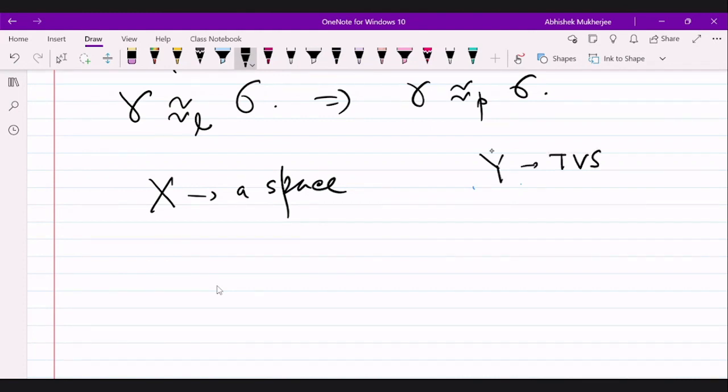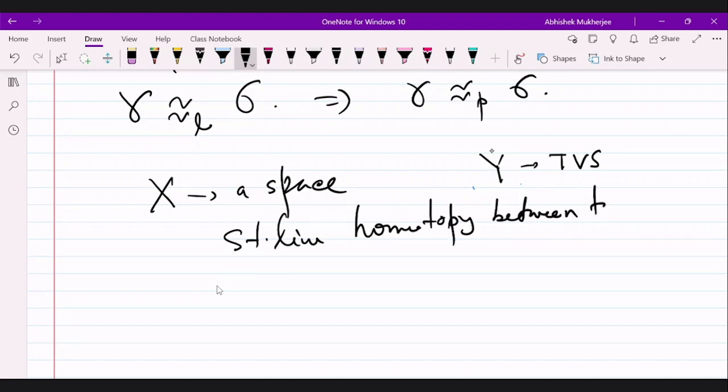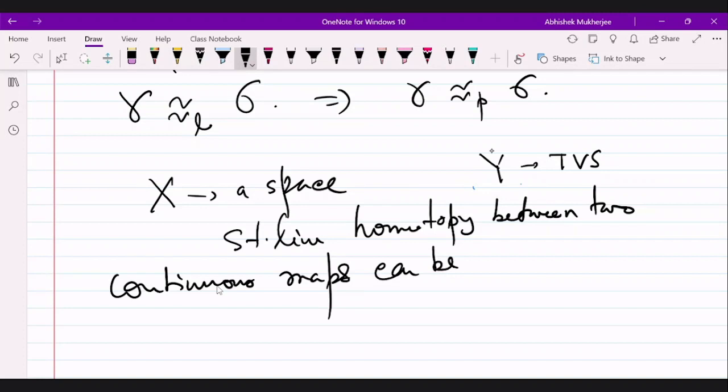Then you can easily define straight line homotopy between two continuous maps.